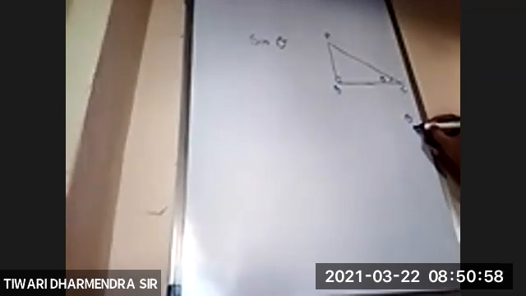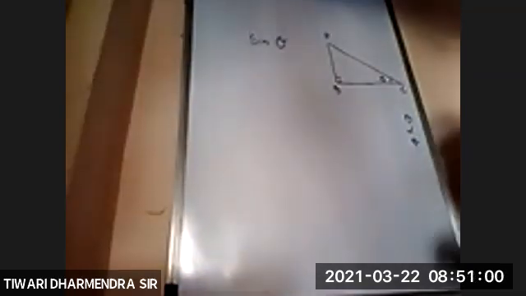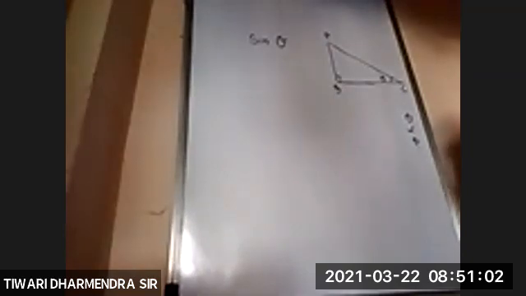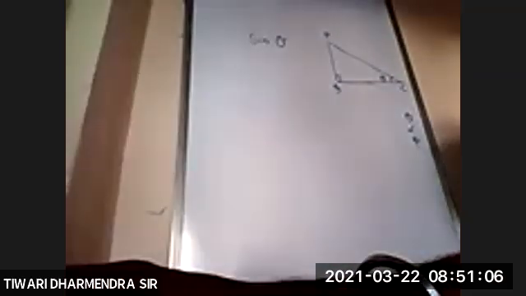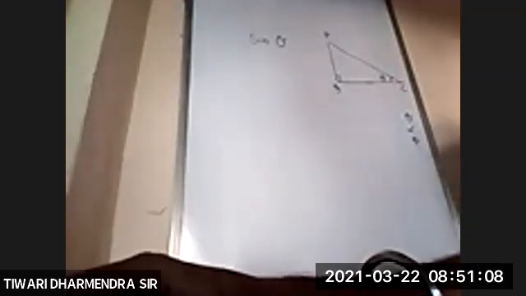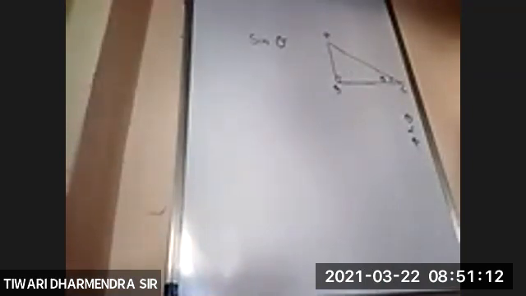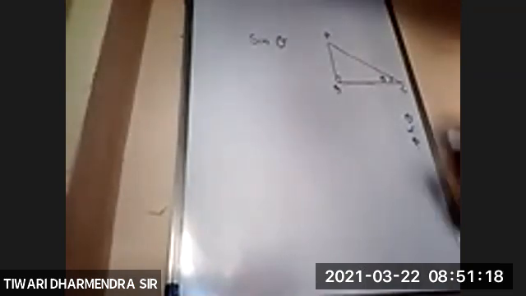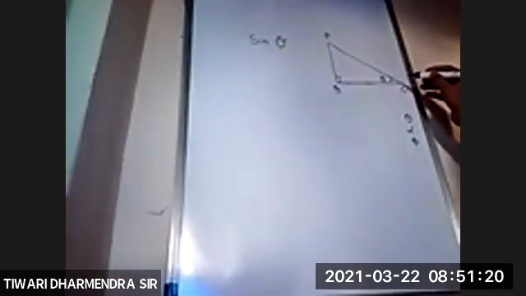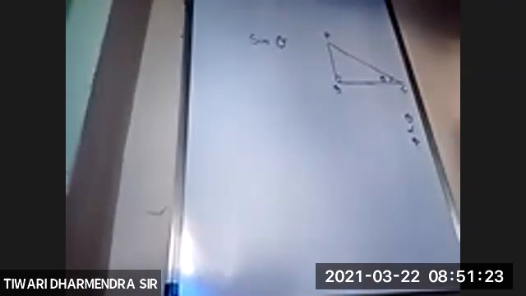Theta, alpha, beta, we use in mathematics to assign a name which will be useful again and again. So I have here assigned angle C to be theta.